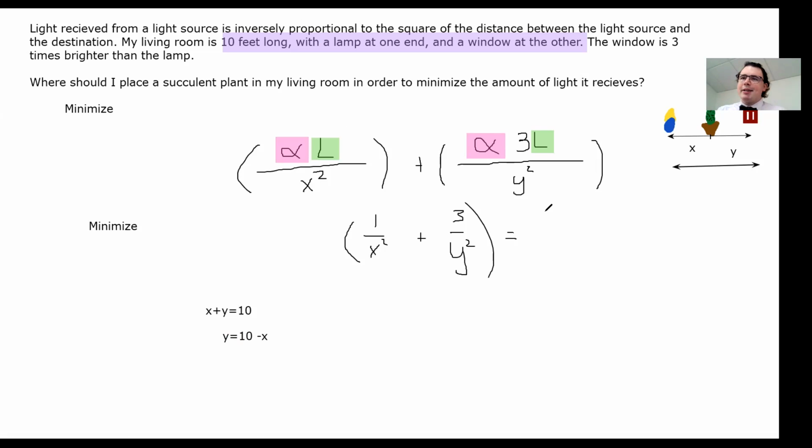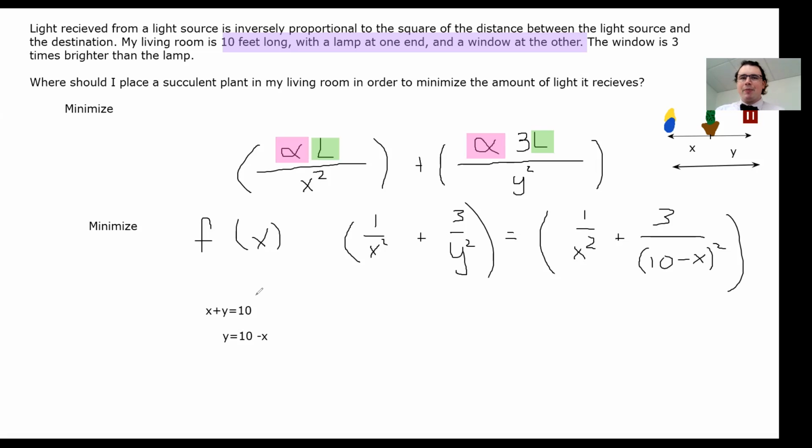So I can rewrite this and say I have got 1 divided by x squared plus 3 divided by quantity 10 minus x all squared, just like that. And now this formula over here on the right is a function of x. I can pick the value of x that I want, and this formula tells me the amount of light that my poor little succulent plant will receive if I put it down at position x.